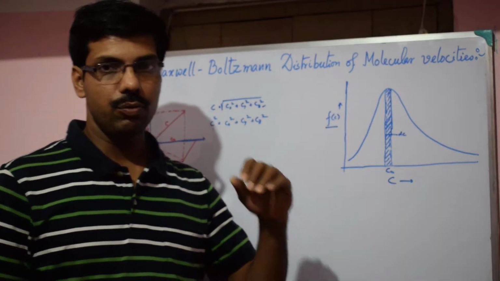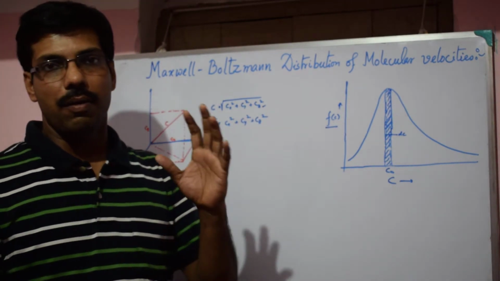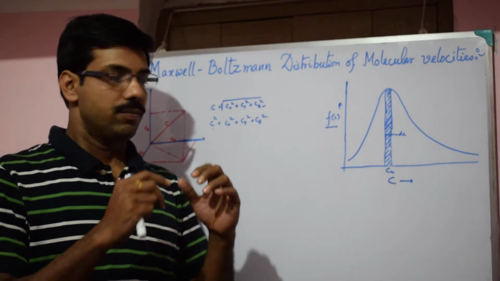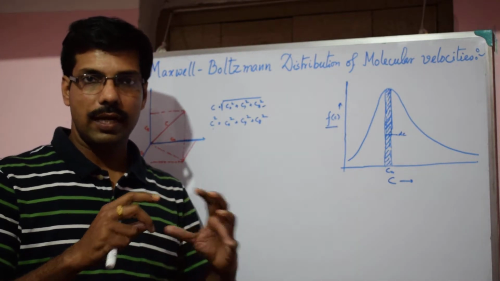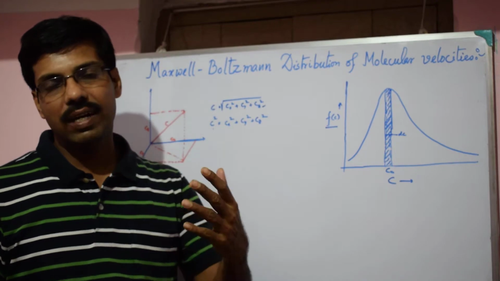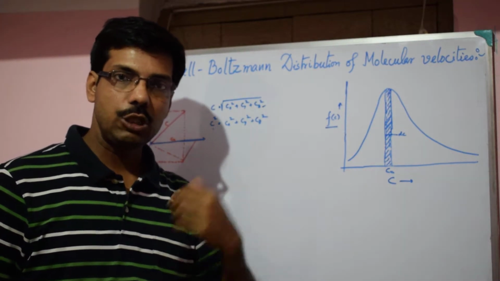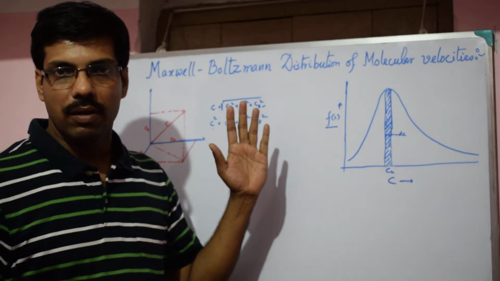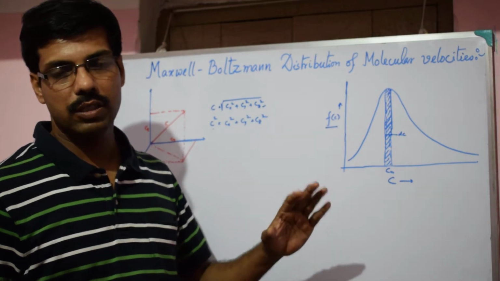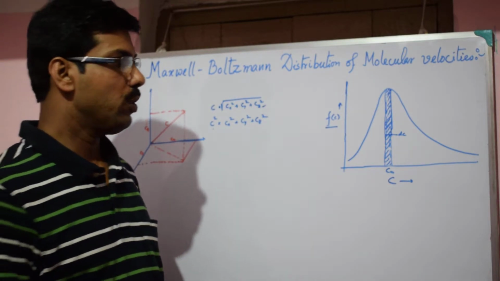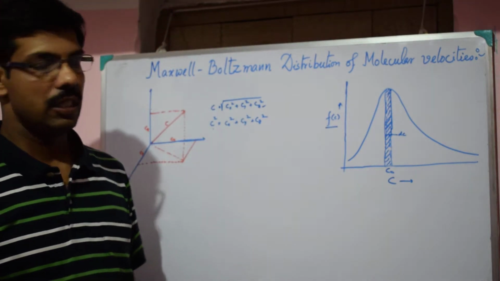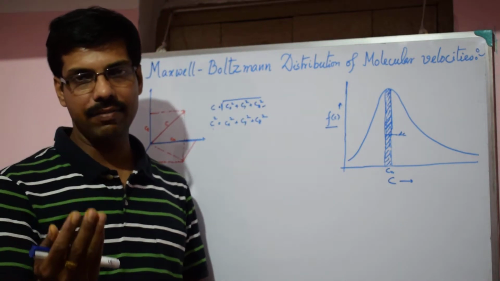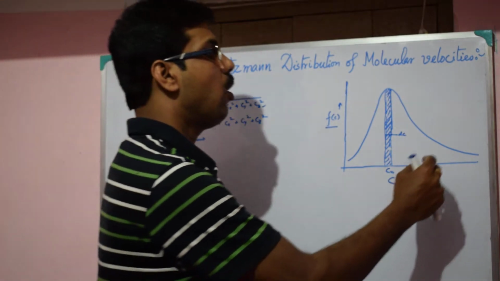Now if we see the distribution of the entire set of molecules contained in a container, they are moving at different velocities, from theoretically zero velocity to infinite velocity. If we see the distribution curve of the molecular velocities in different velocity ranges, at very low velocity the number of molecules is very low, and at very high velocity the number of molecules is also very low.